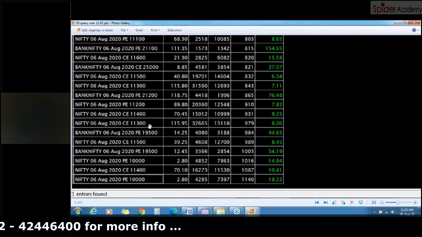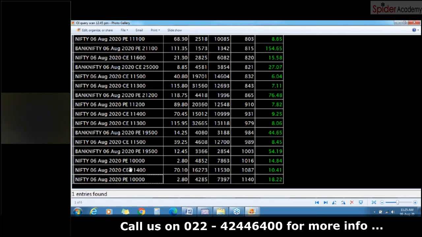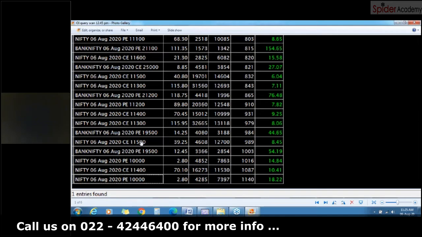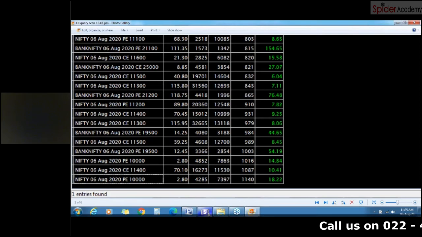We will look at Bank Nifty also, but right now we will focus on Nifty. Here we got three strike prices, 11,300, 11,400, and 11,500 call, and even though the prices were trading below, this suggests that there is call writing going on.